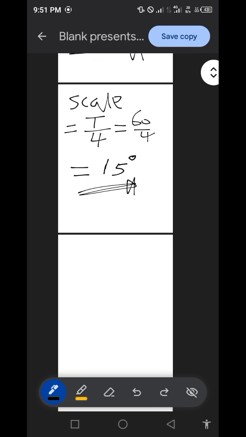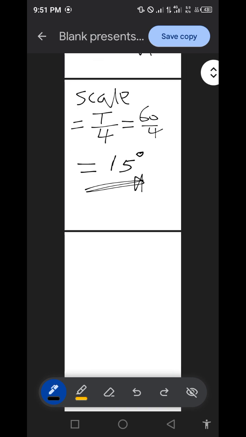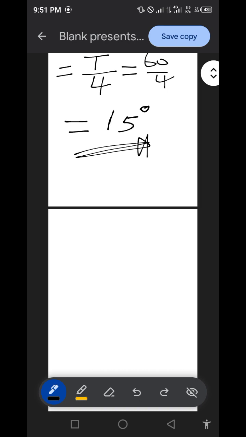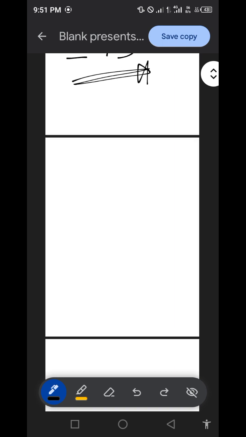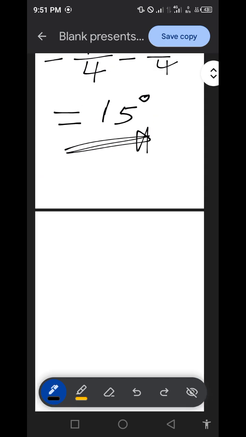Okay, so now we can sketch. For sketching, allow me to flip my phone in this direction so that I'm able to use this.